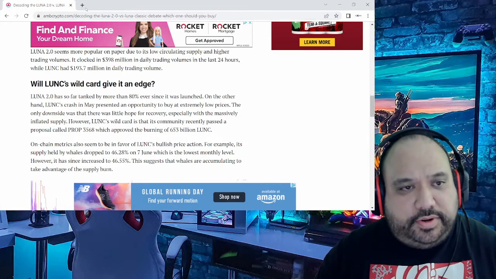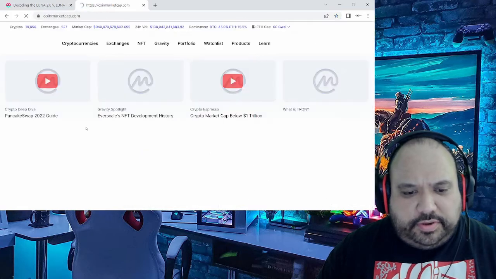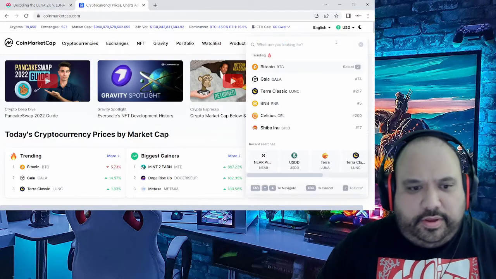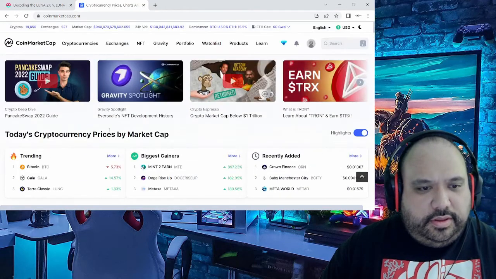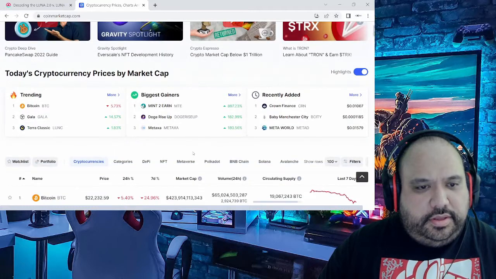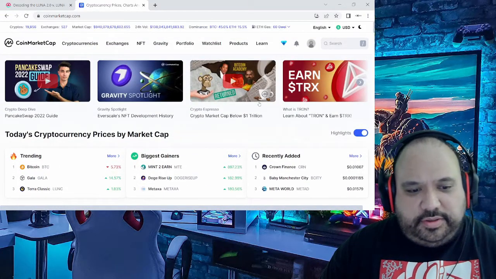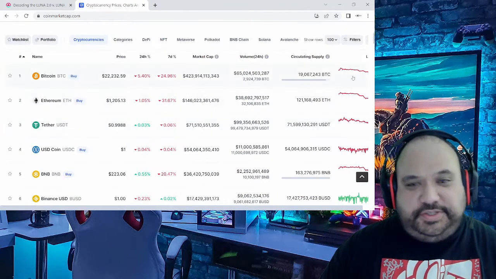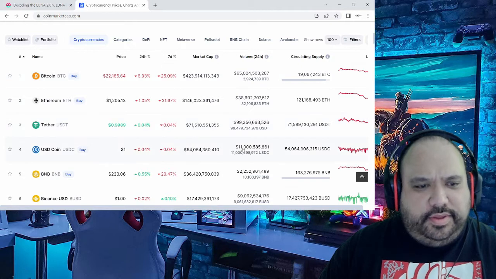Because currently, when we look on CoinMarketCap, it looks horrible. Hold on a second. I mean, it's just wow. They don't even have the overall crypto market listed. I guess they're ashamed of it. Anyway, you've got Bitcoin down to 22K, Ethereum down to 1200.